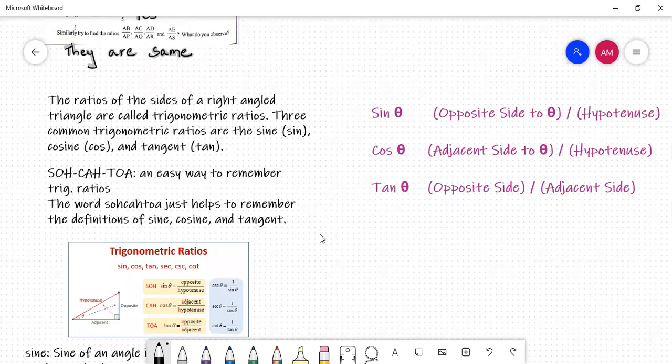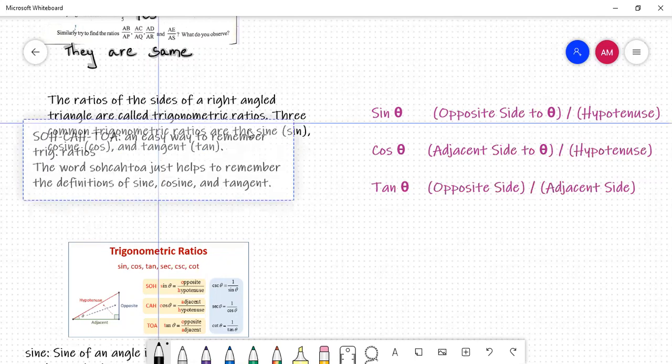We represent sine as sin, cosine as cos, and the shortcut of tangent is tan. In order to remember these trigonometric ratios easily, we use the word SOHCAHTOA. This is just a word to remember trigonometric ratios, that's all.